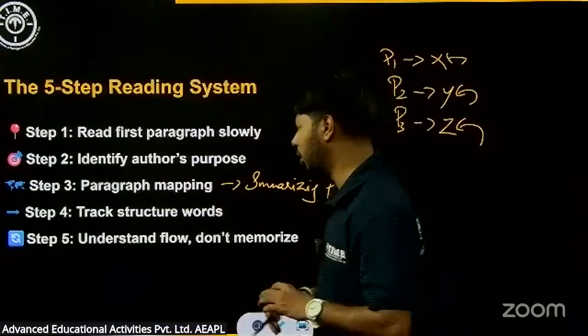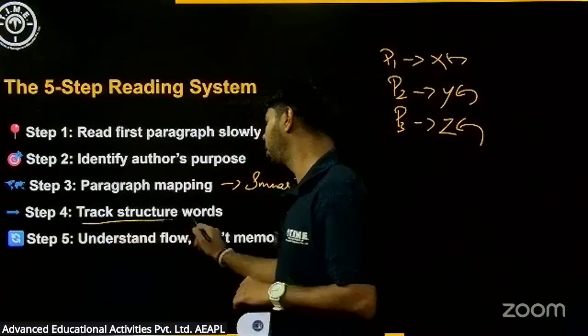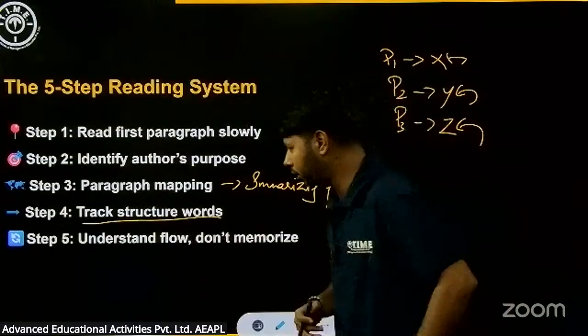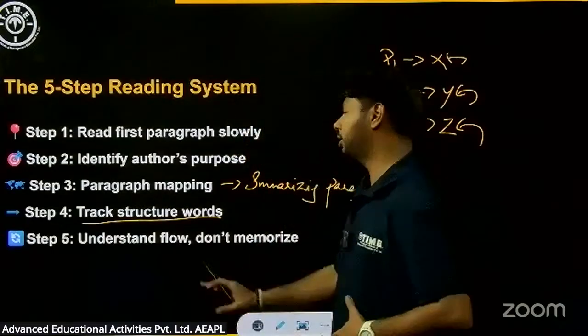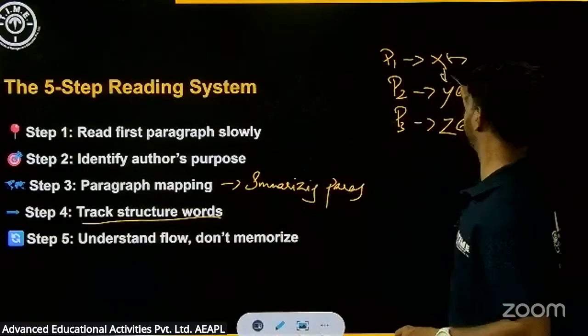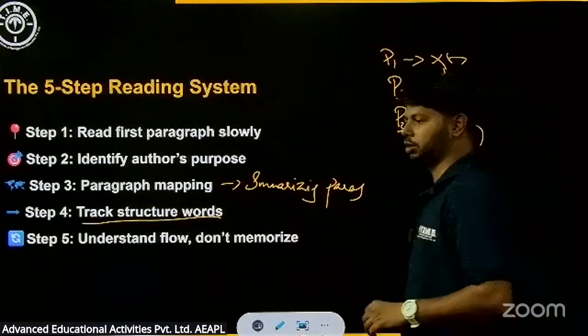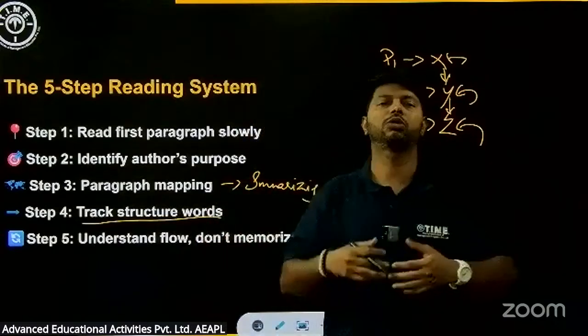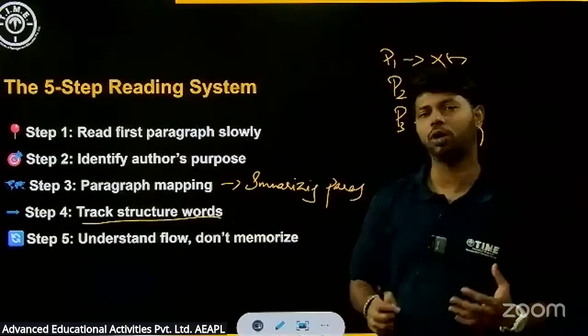Step 4, track structure words. We look at what structure words are and how they impact. Understand the flow, do not memorize. Like I said, how this is flowing, X to Y, Y to Z, how different parts of the argument flow. The argument also has different elements to it. They're not really unidimensional.